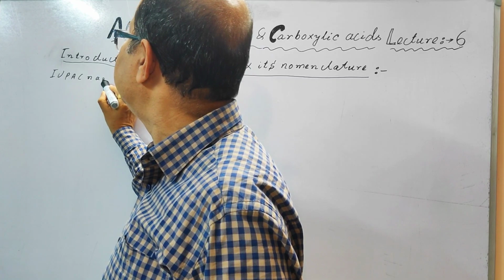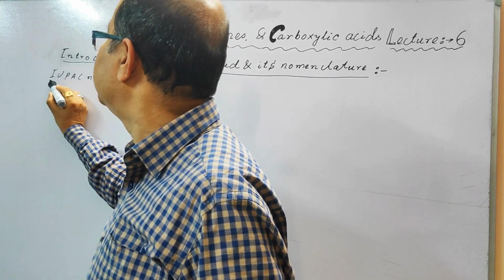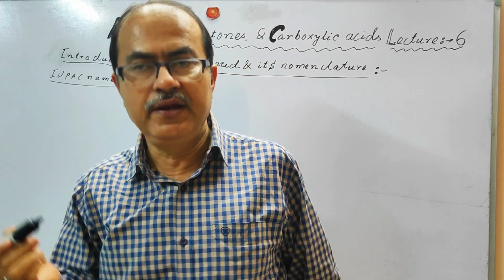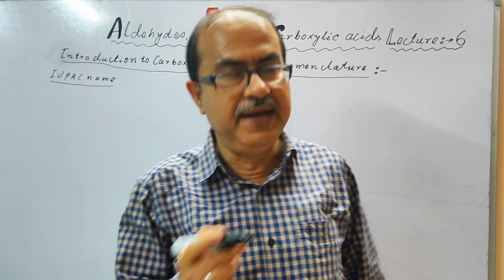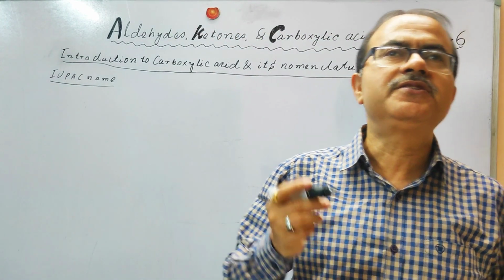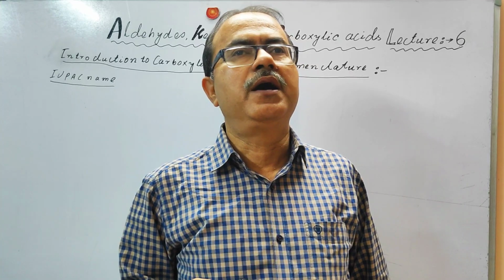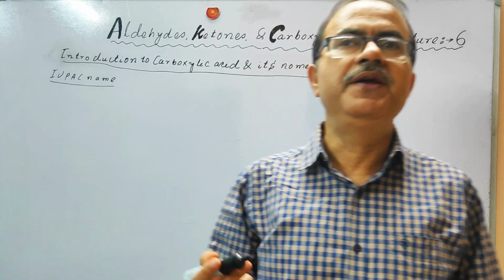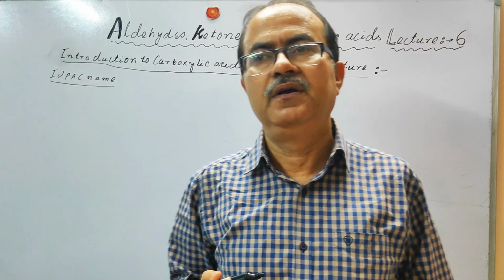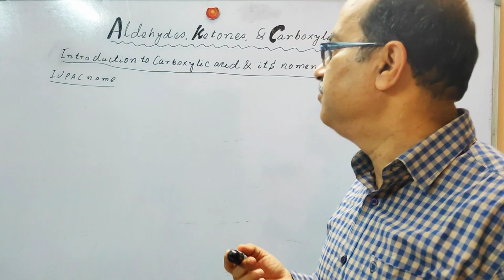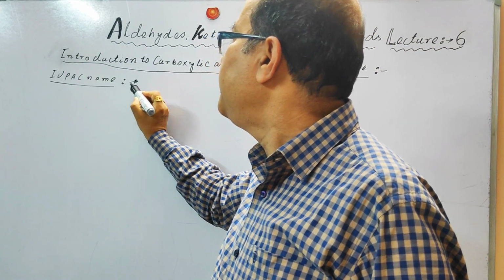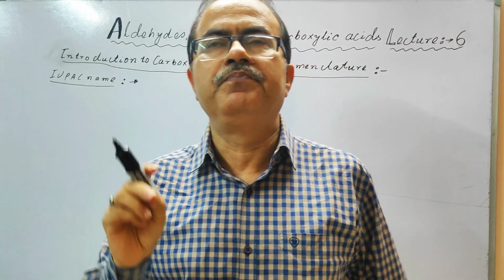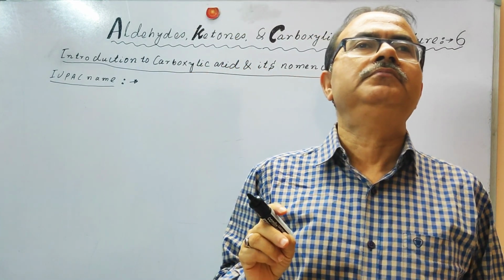Now let us understand the IUPAC name. The IUPAC name is derived from the name of the alkane from which this organic acid has been formed.